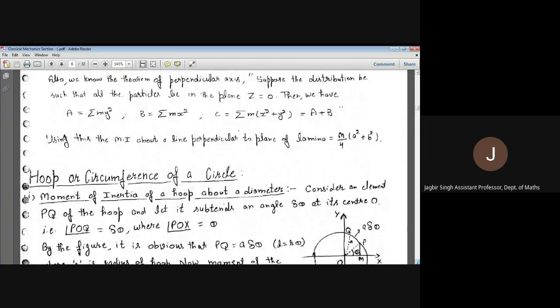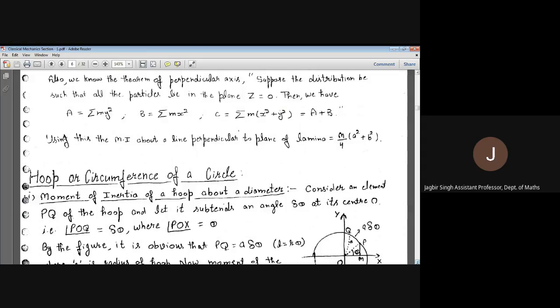After that, we have to find the moment of inertia of a circle about one of its diameters. The proof is given, but instead of discussing all this proof, in the case of the elliptic lamina the sides were 2A, 2B, but in the case of a circle both will be equal. If A is the radius, the major axis and minor axis both will be 2A.